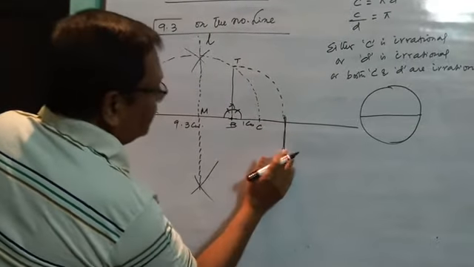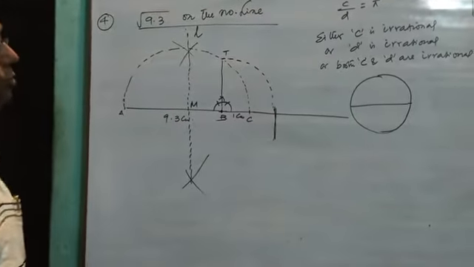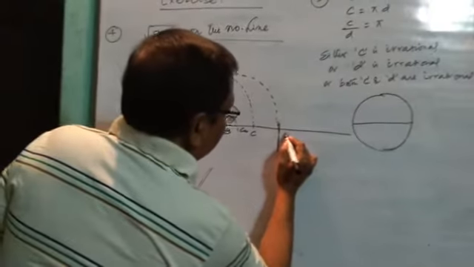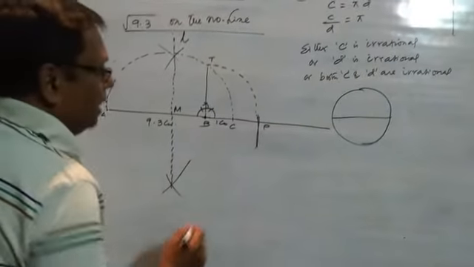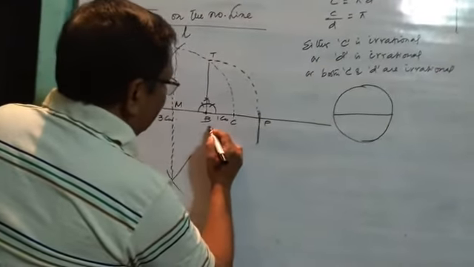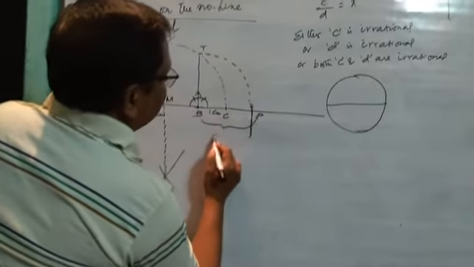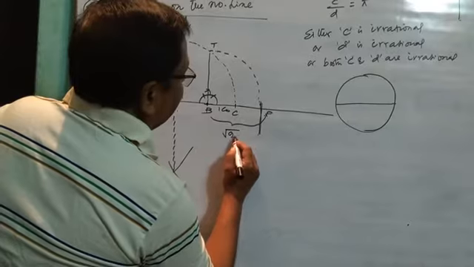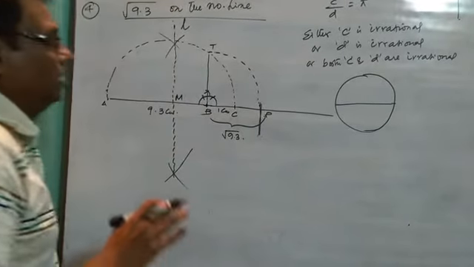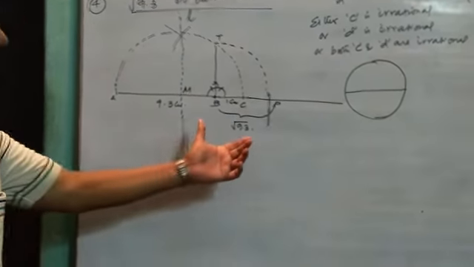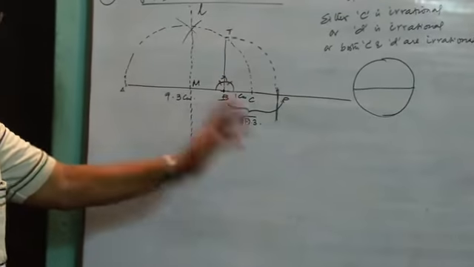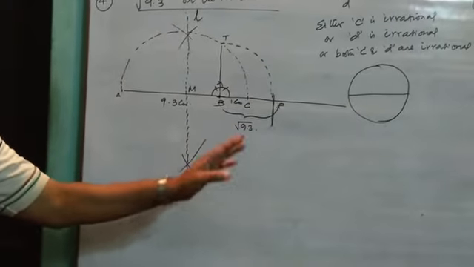This arc intersects the produced line at a point P. Now this BP represents under root 9.3 on the number line. BP represents under root 9.3 on the number line.